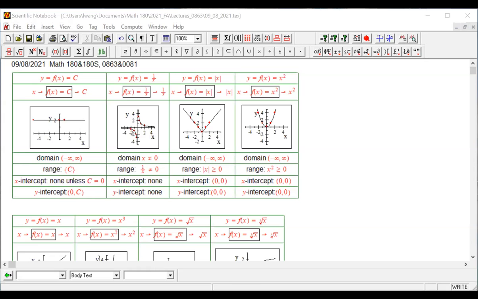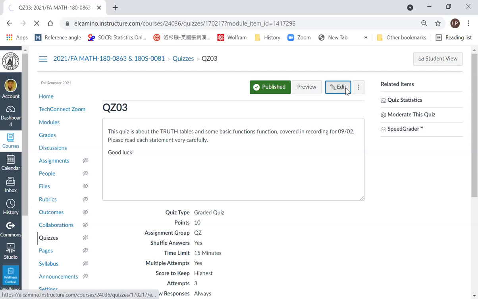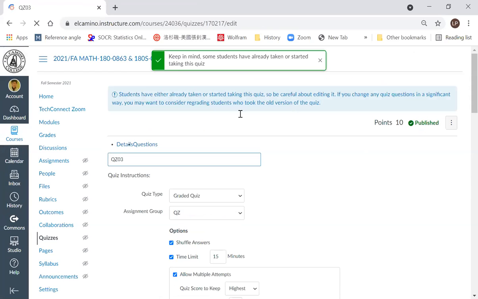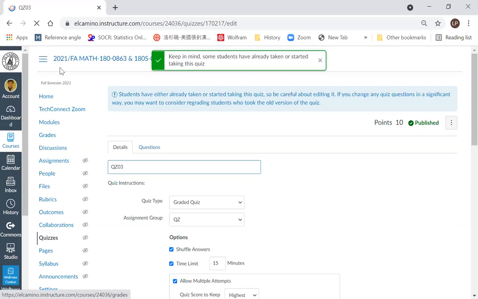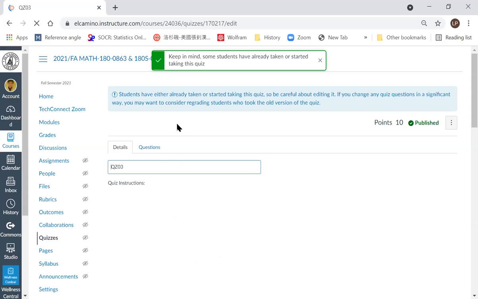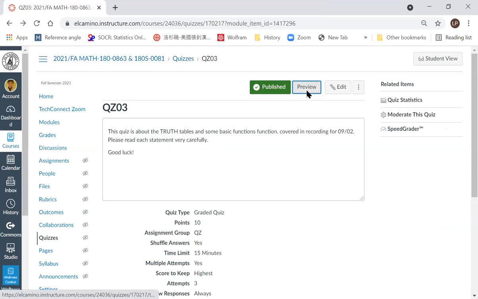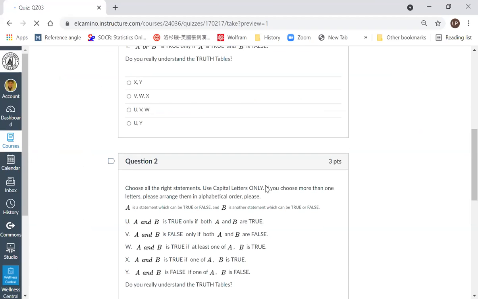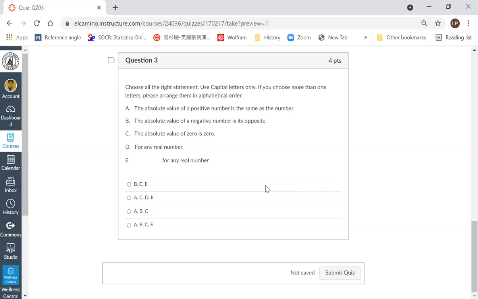Let me share the screen. Quiz number 3. On this quiz, if you look at the last question, I have already corrected the mistake.